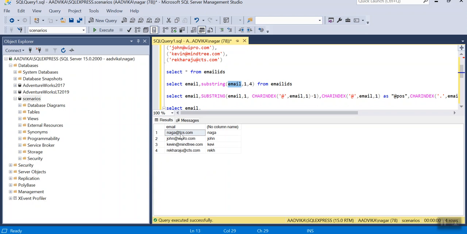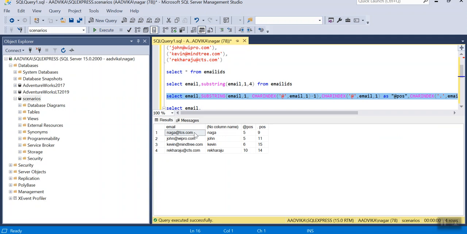In order to identify the position of at the rate, I'm using charindex. Charindex in SQL Server gives you the position of some text. Let us understand this query as well.